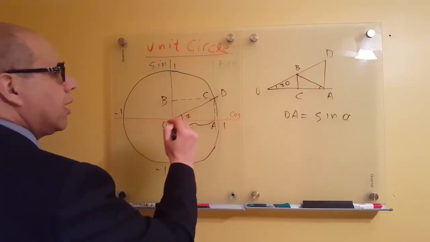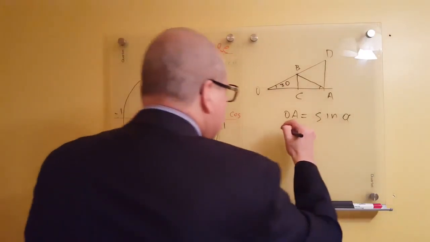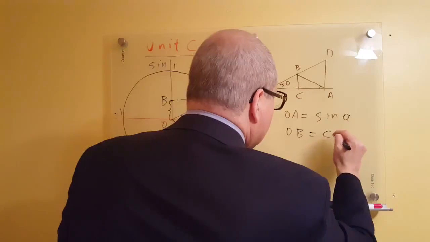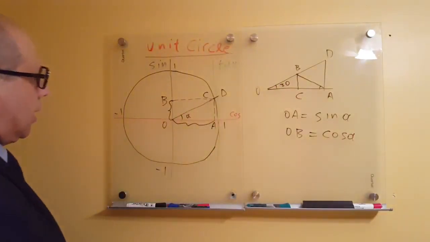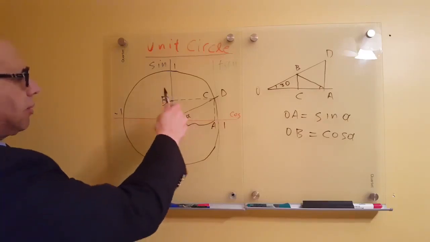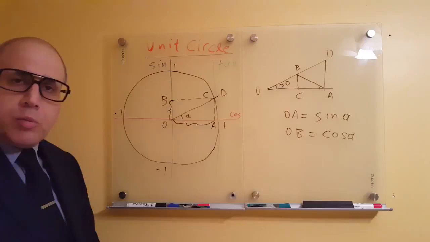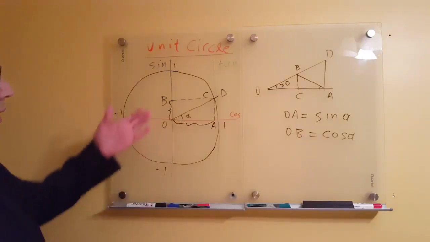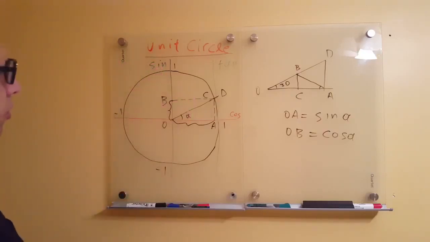And this segment here, the OB, is the cosine of A, which is again positive, and it looks like approximately 0.4. So that's what we mean when we say we use the unit circle to measure cosine and sine.